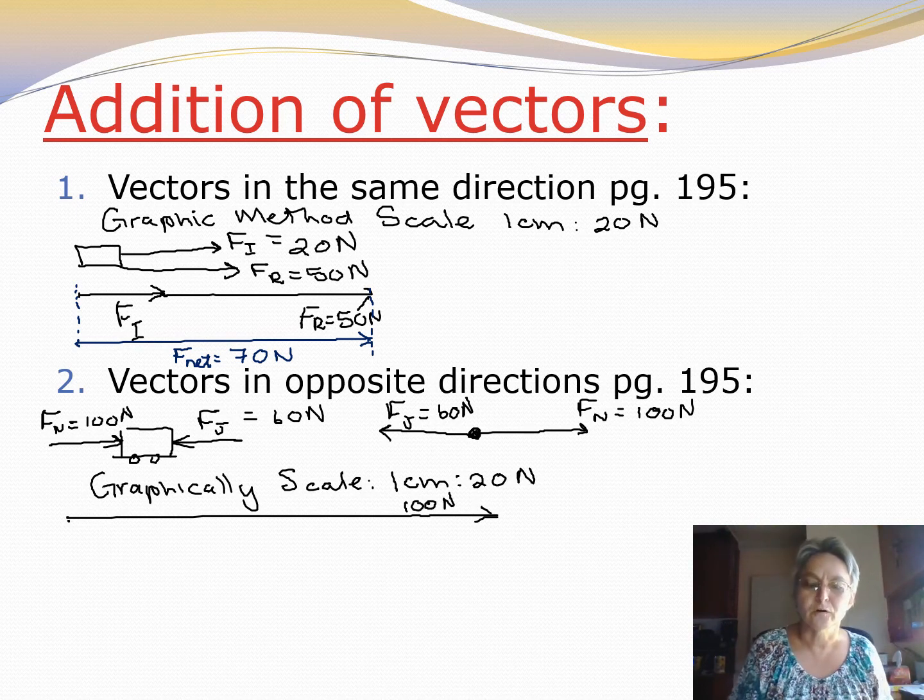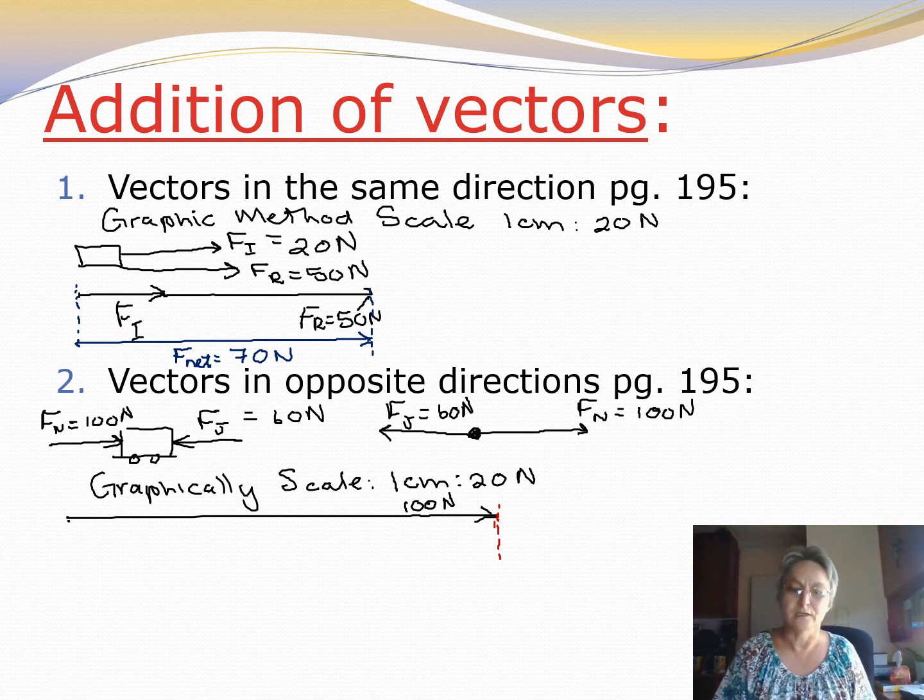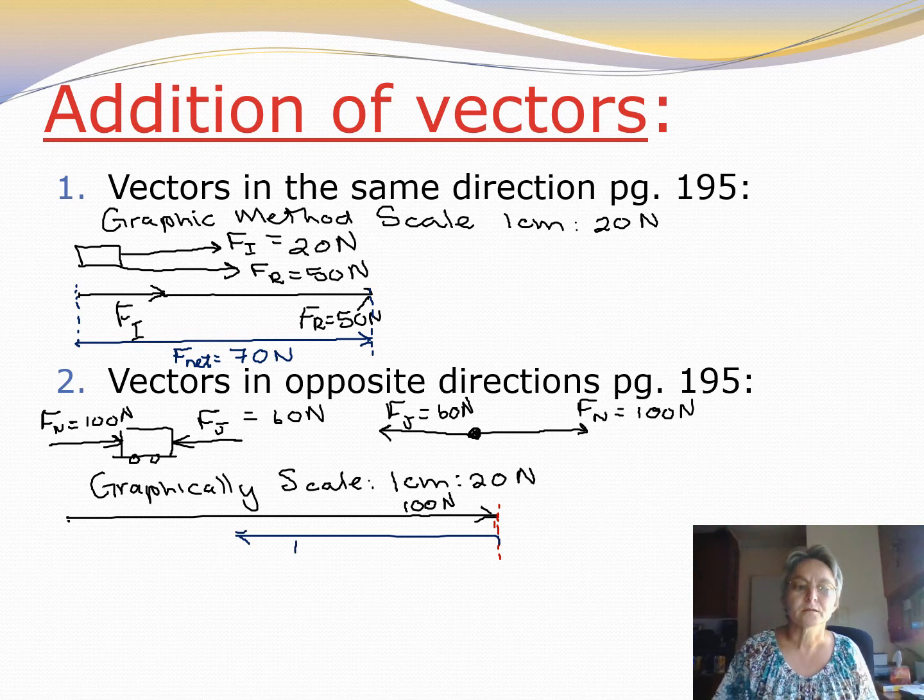Now to the head of this 100 newtons to the right, I'm going to add the tail of the 60 newtons to the left. So 60 newtons to the left will be 3 centimeters long. So the resultant force would be from the start of your first vector to the end of your second vector.